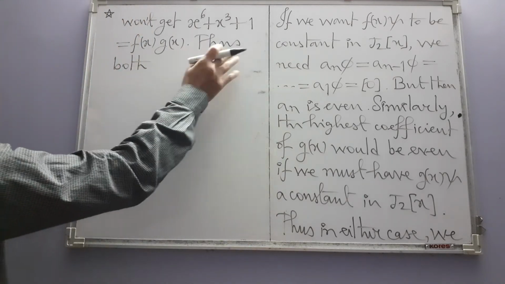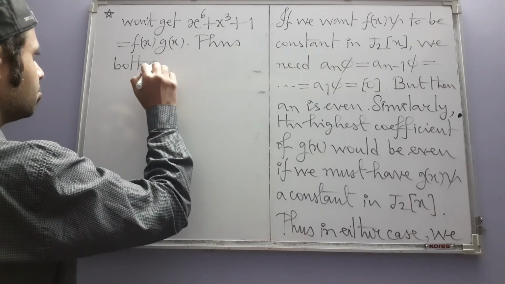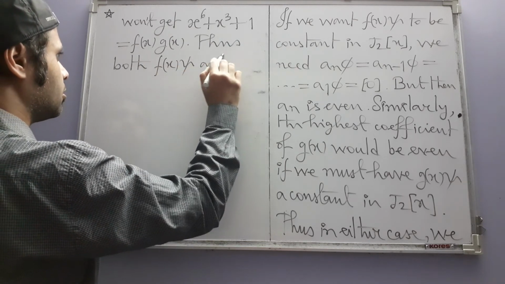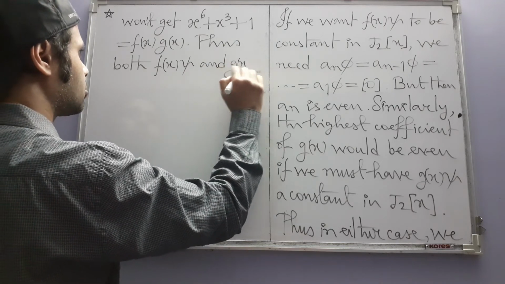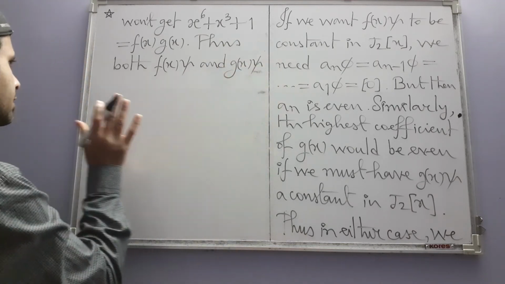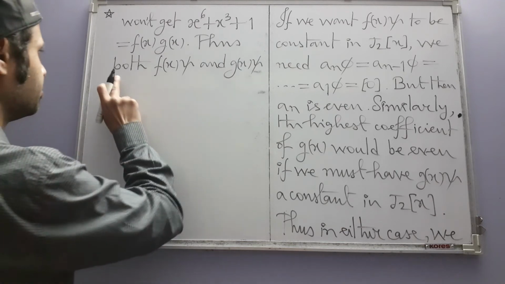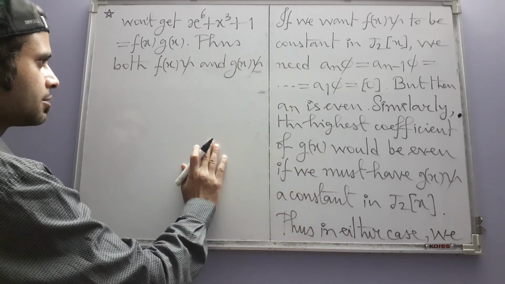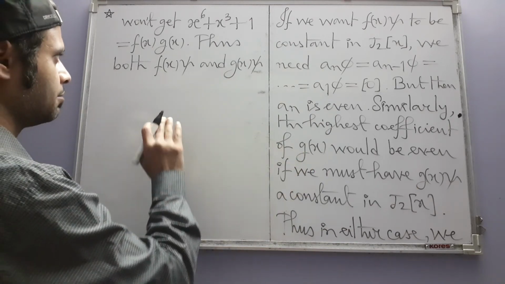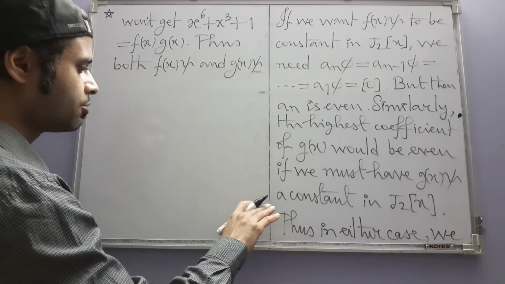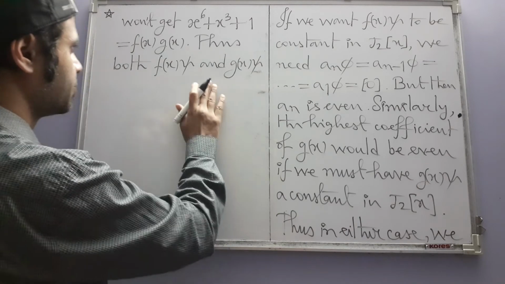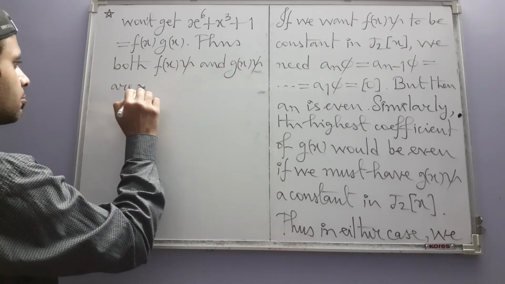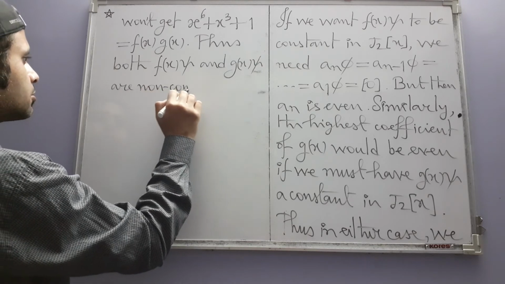I am, however, just simply writing thus both this and this, because I thought of it previously, but I think there is some gap in my thinking. I don't believe that whatever I have done is wrong in some way, but somehow I have been unable to satisfactorily explain. That's what I am saying. Thus both this and this are non-constant.